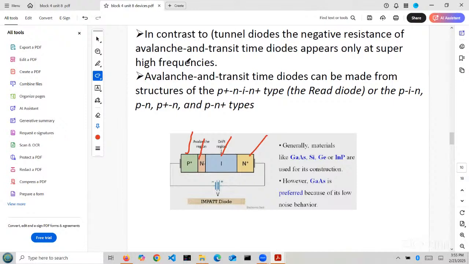What is the first combination we are using? P plus, N, I, N plus.